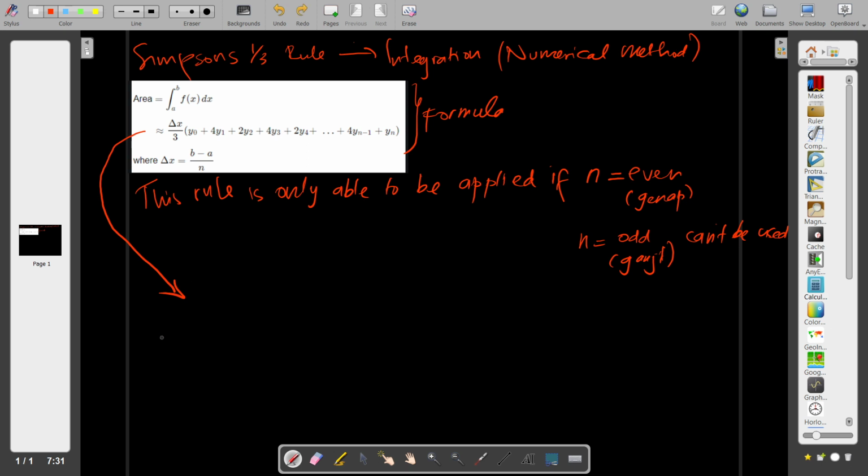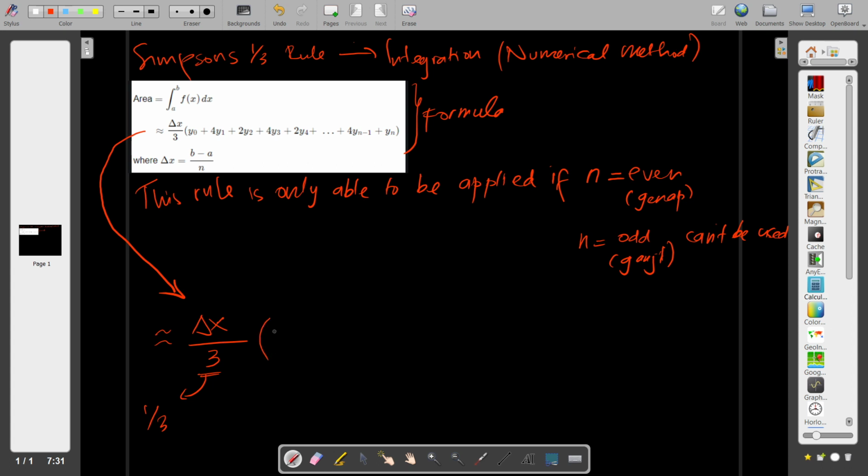The formula will be like this: delta x divided by 3. This 3 makes it the third rule, because in the trapezoidal rule this number is 2, but in Simpson's rule it is 3.